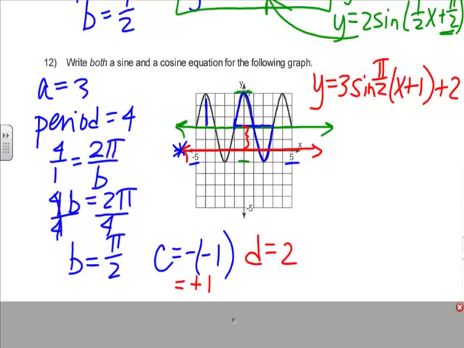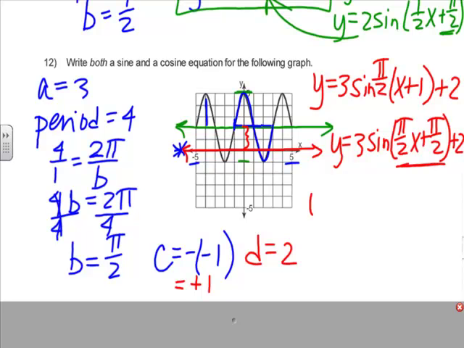Okay, I'm going to go ahead and distribute. So y equals 3 sine pi over 2x plus pi over 2 plus 2. And if I want to write this in cosine, this is in a nice form, because really to get over to cosine, all I have to do is change this to cos and subtract pi over 2 once after I've done my distributing.